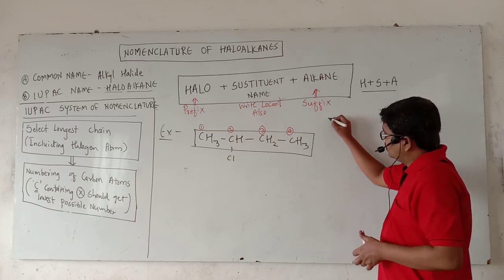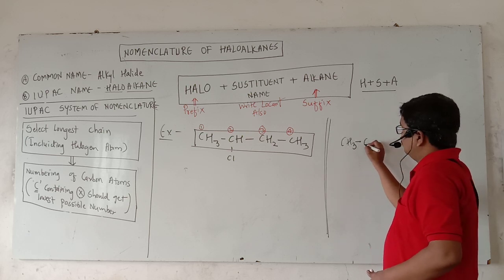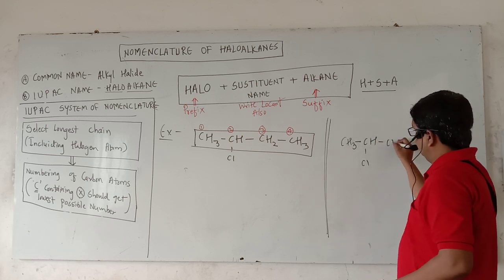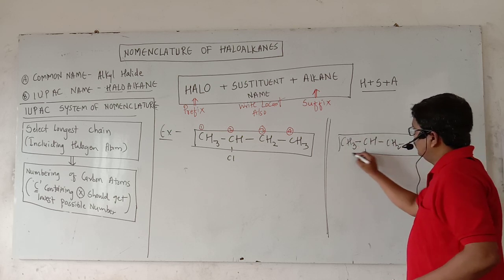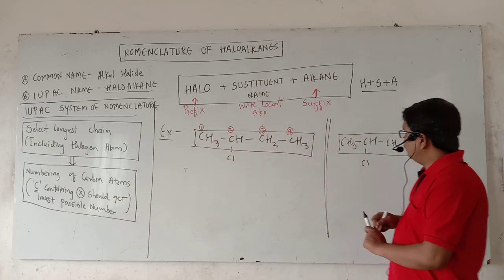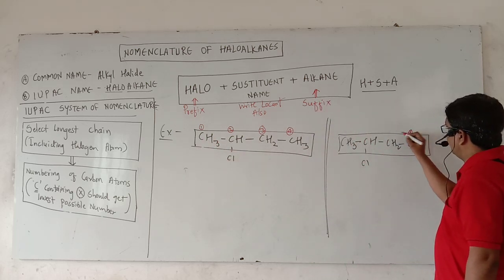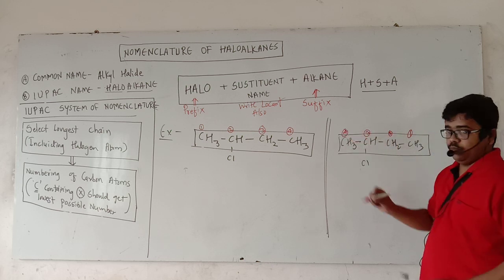Another possible numbering is same compound. I will write here. Okay. Longest chain is selected. Numbering either from this side or you can do numbering from this side also. 1, 2, 3 and 4.